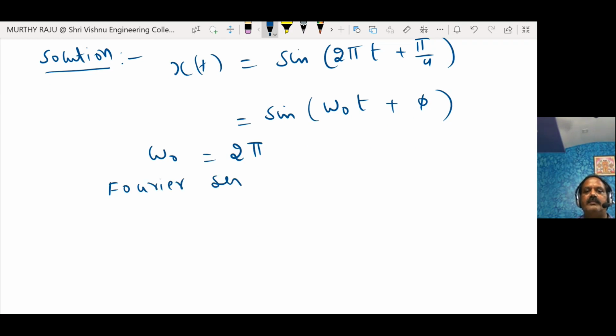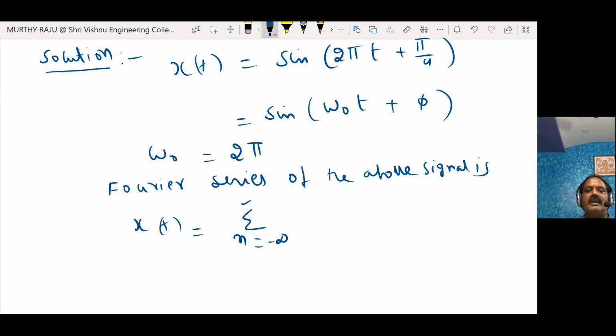The general expression of the Fourier series is x of t is equal to sigma n is equal to minus infinity to plus infinity C n e power j n omega naught t.